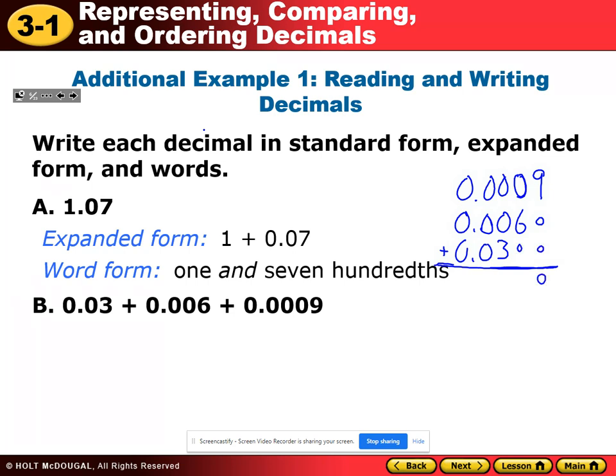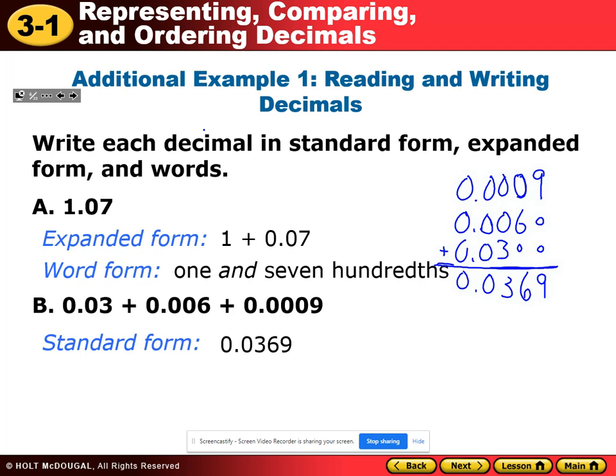All right, so 9, 6, 3, 0, and 0. Oh, the standard form when we write it will be 0.0369 or 369 ten-thousandths. Okay?